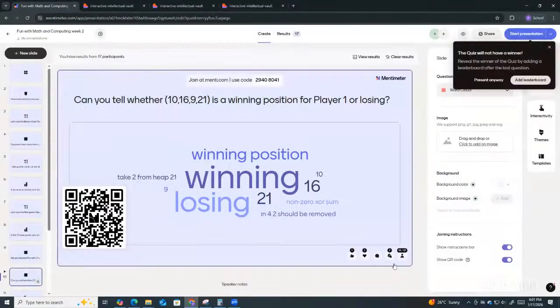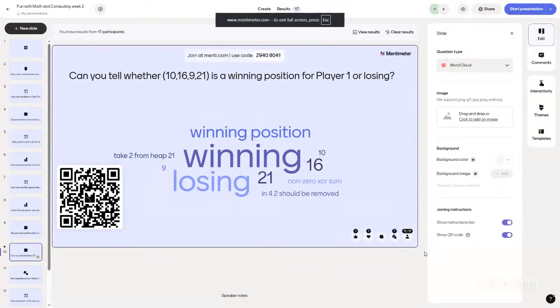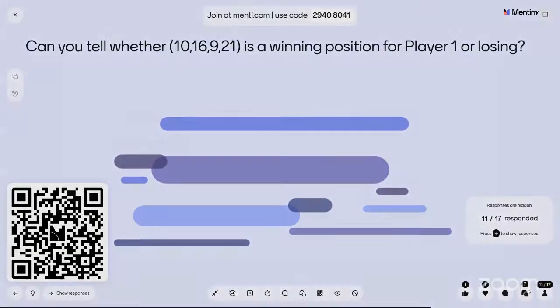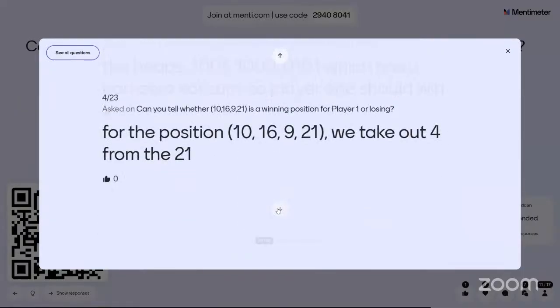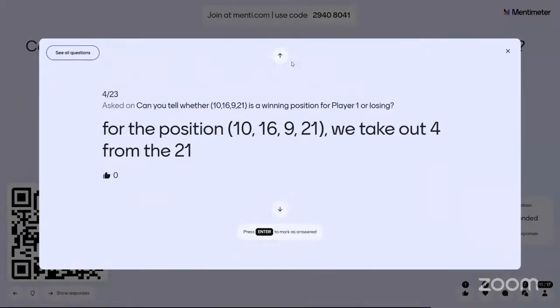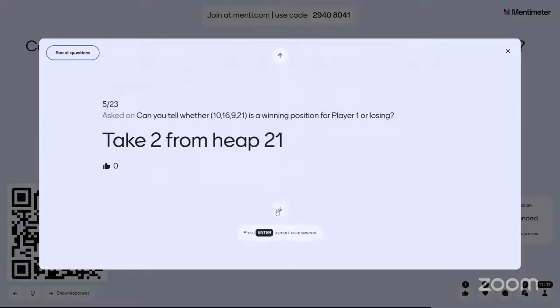Okay, I think some of you may have got this. Take 2 from the heap 21. No, we can't touch 21 because then the 16 will become distorted.